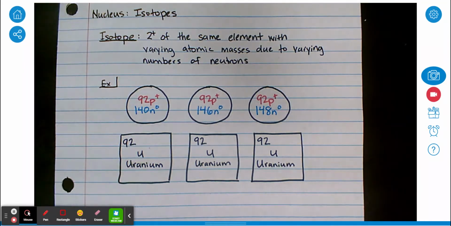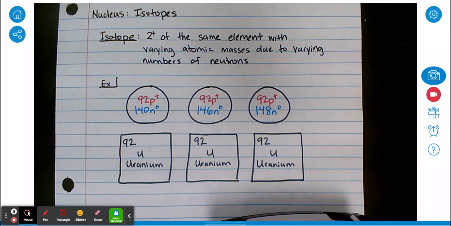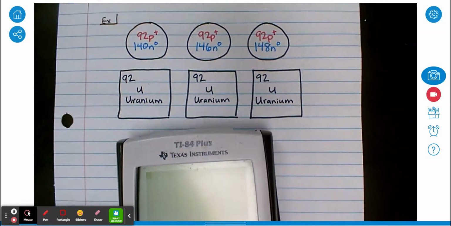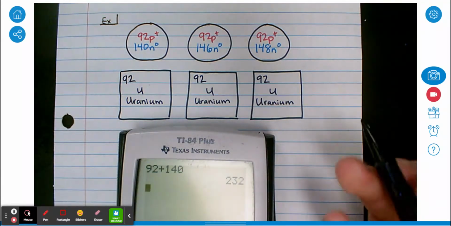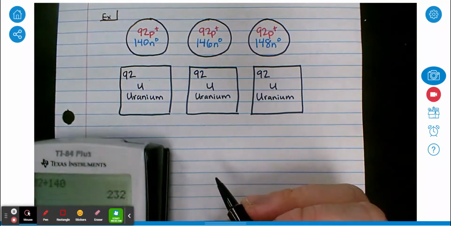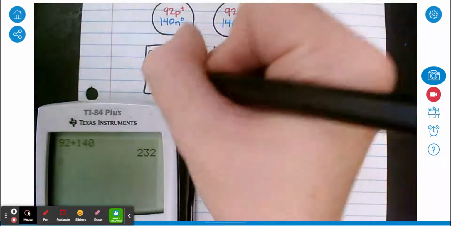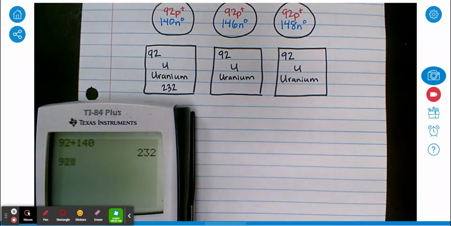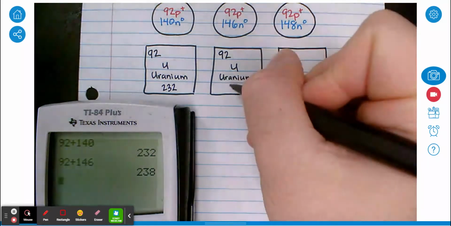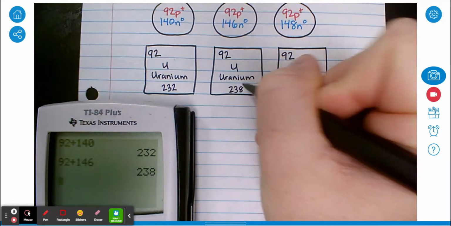The only thing that is going to be different is my atomic mass at the bottom. For my first element, my atomic mass is going to be 140 plus 92, or 232. Let me see if I can get everything in here. For my second element, I have 92 plus 146 for an atomic mass of 238.